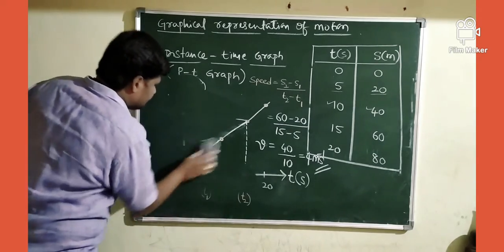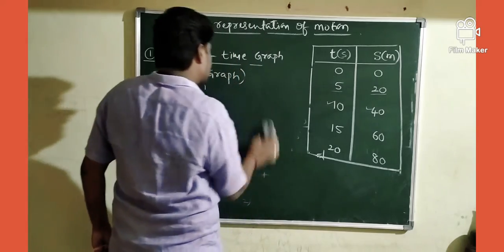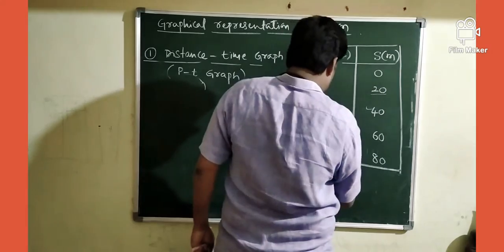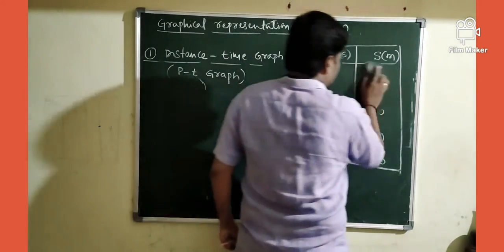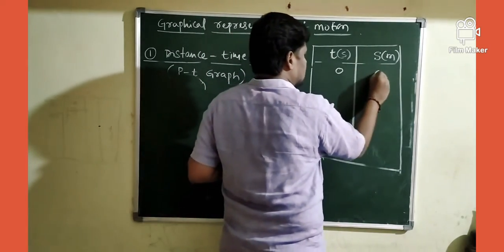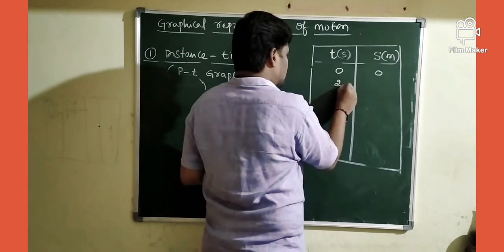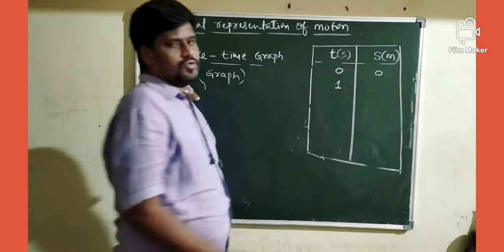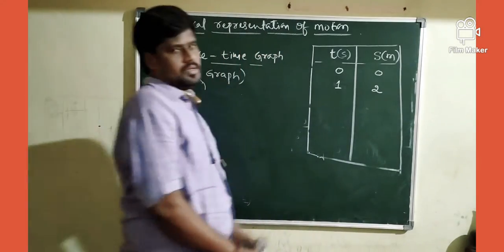Take a body that is not covering equal distance in equal intervals of time. Say, for example, at t equals 0, the distance is 0. At t equals 1 second, distance traveled may be 2 meter.